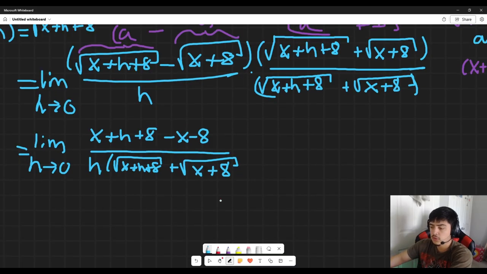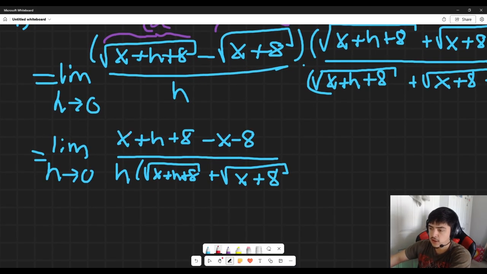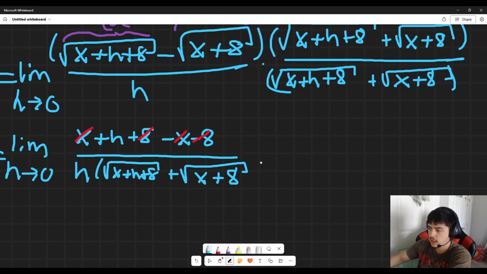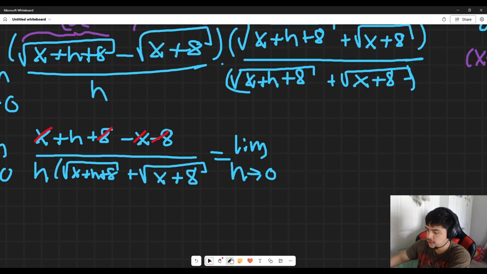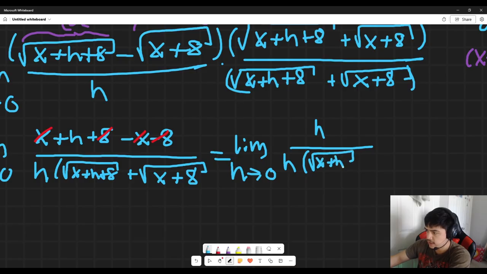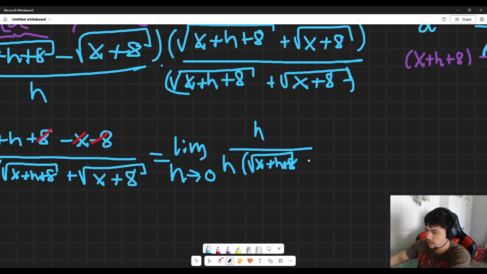And so now in this numerator, we can cancel some stuff out, like we have a common term of x and 8. All we're left with here is the limit as h approaches 0 of just h all over h times the square root of x plus h plus 8, plus the square root of x plus 8. And here, look, we have a common term, h and h.